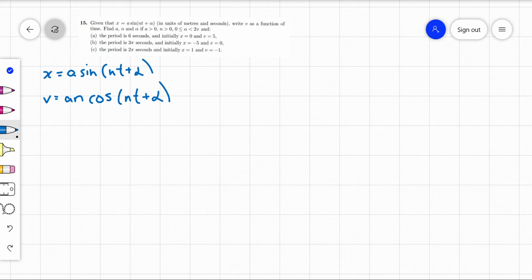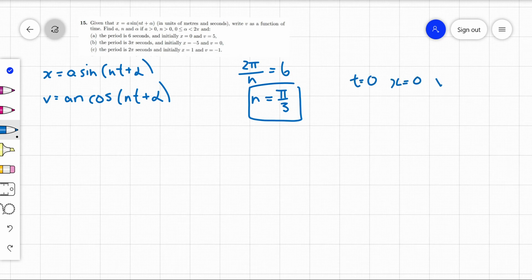Okay, so firstly we're given for a the period, and we know the period is 2 pi on n, is 6. So straight away we have n, or you can rearrange it, so you get n equals pi on 3. All right, and then we're given the initial conditions, so when t equals 0, x equals 0, and v equals 5.